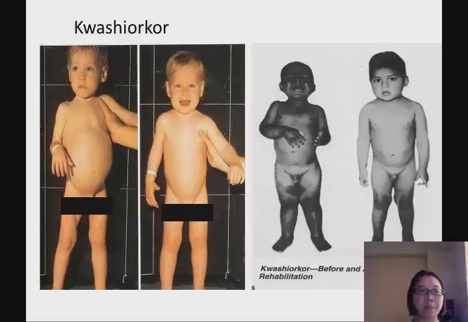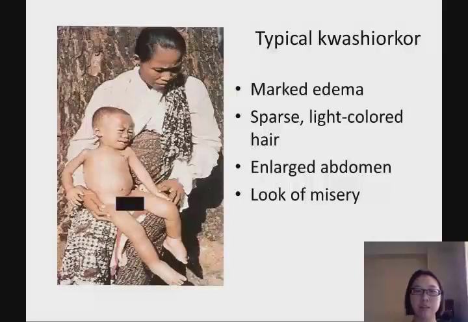So you can see they have a swollen abdomen, but after treatment you can see this kid was really happy. The abdomen is not as swollen as this one, and you can see the apathy, withdrawn faces, on the left-hand side and on the right-hand side, this kid as well. After treatment, you can see his legs have improved. He had edema, but after treatment they don't have this kind of edema anymore.